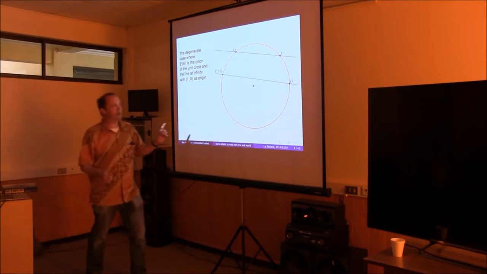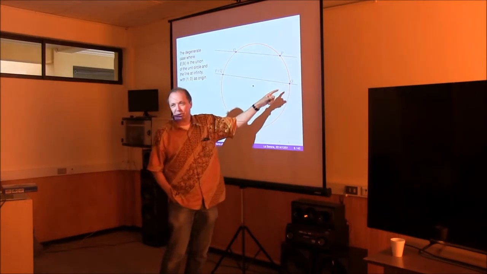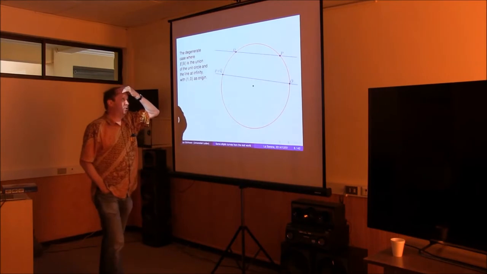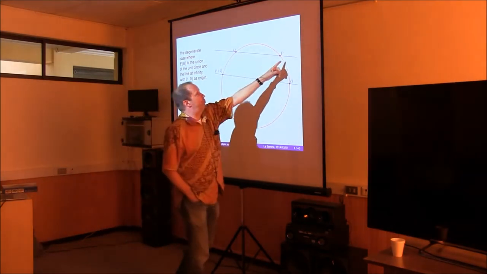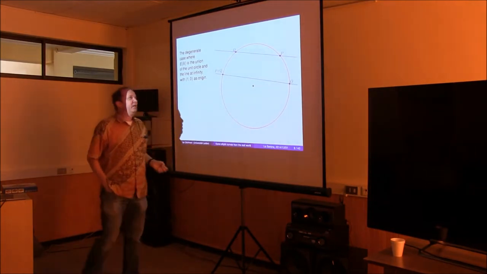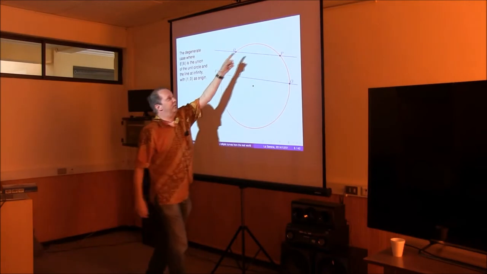Because what happens here? I have to take a point on my curve, so I take this point here, which is not at infinity, this is a point on my circle. And I have a point P and a point Q, and I have to draw the line, okay? That's this line. And it does not intersect this curve in the third point.